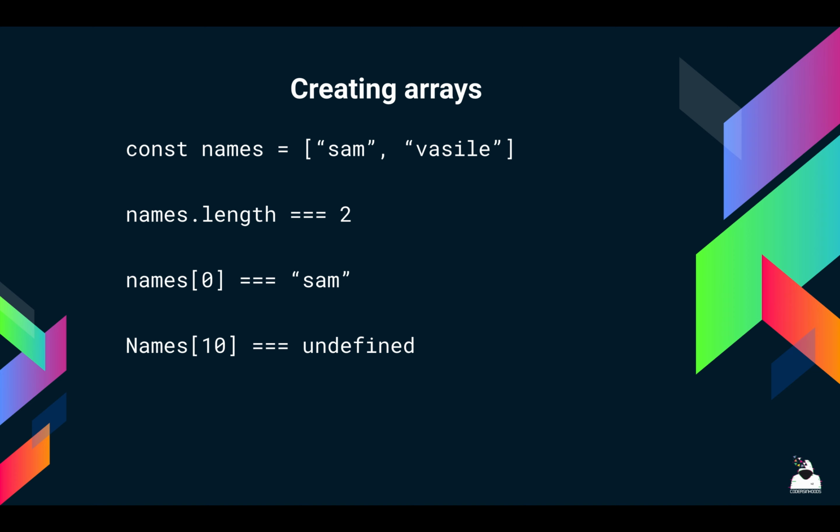So, to create an array, we have our variable type. Here we've got a constant variable. We have the name of the variable, which is names, and then we set that variable to a value of something that is contained in square brackets. So there are those square brackets.